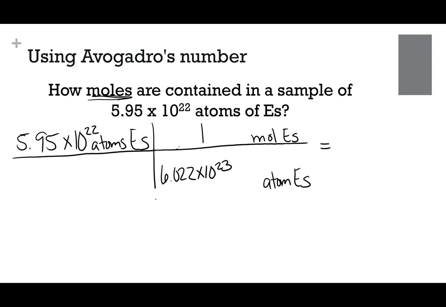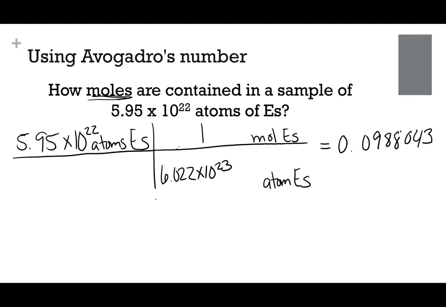So 5.95 times 10 to the 22nd times 1 divided by 6.022 times 10 to the 23rd, and I get 0.0988804, yada, yada, yada. Okay.